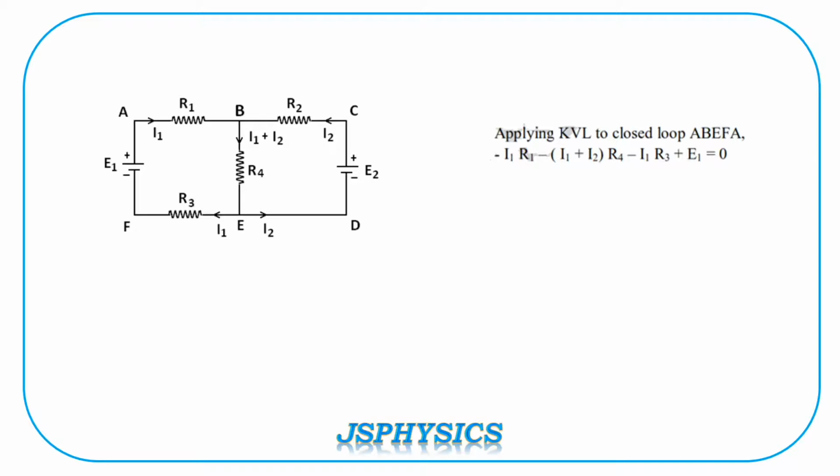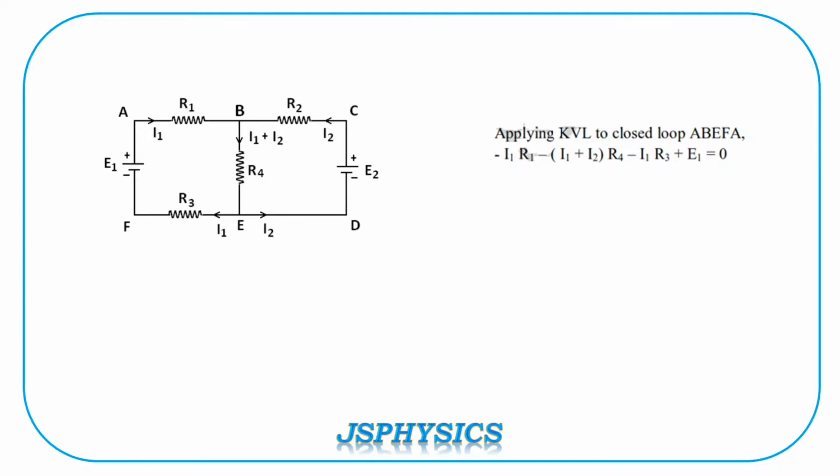From B to E branch, it is again minus (I1 plus I2), the total current, into R4. Then from E to F, again minus I1 R3. And inside the cell from F to A, we are traveling from negative to positive, that means that EMF will be taken as positive. So plus E1 is equal to 0.